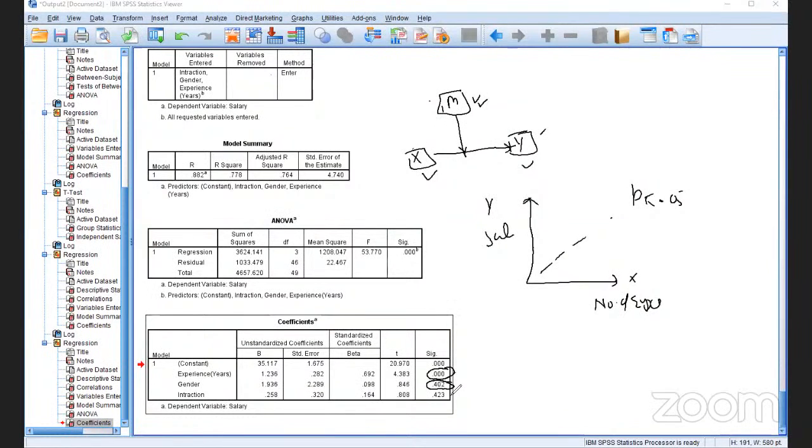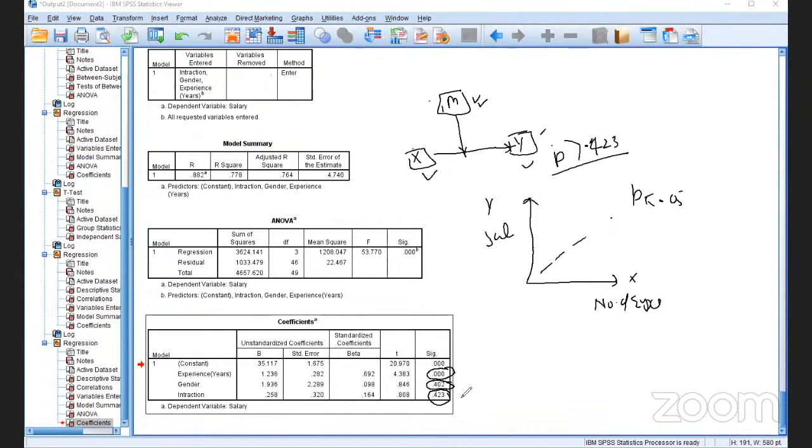Now, is the impact of the interaction significant or not? Here we see the value 0.423, which is greater than 0.05. It is not significant. This moderation means gender, as a moderator variable, is not working here.